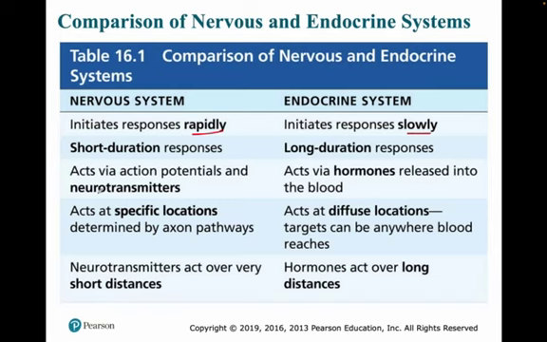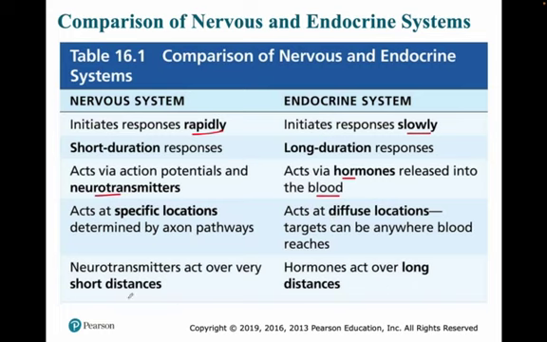The nervous system works via neurotransmitters and action potentials, but like we just discussed, endocrine system hormones are released into the blood, so they work with the help of blood. The nervous system has specific locations determined by axon pathways, but that is not the case for the endocrine system, because they act at diffuse locations. That simply means they can be produced in one location and diffuse away with the help of blood and act in a completely different location.